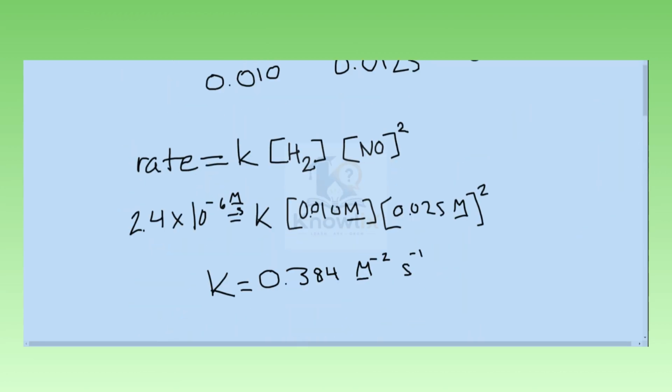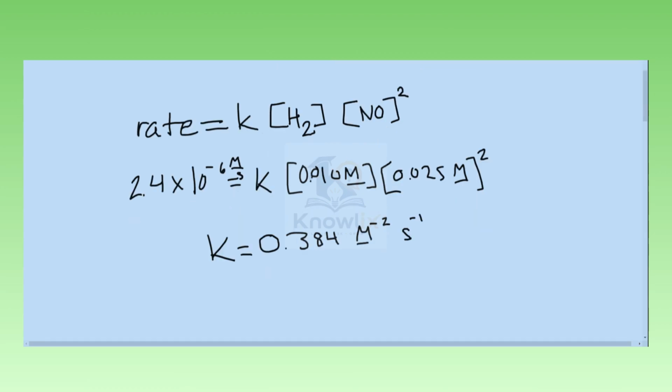So if we look at our rate, we'll notice hydrogen is to the first power and nitrogen monoxide is to the second power. So how about we just make things simple and assume that 2 molecules of nitrogen monoxide are colliding with 1 molecule of hydrogen. That will give us this rate law.